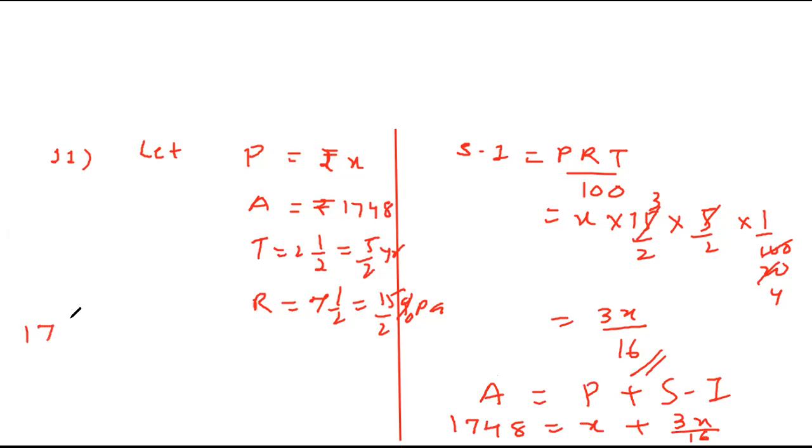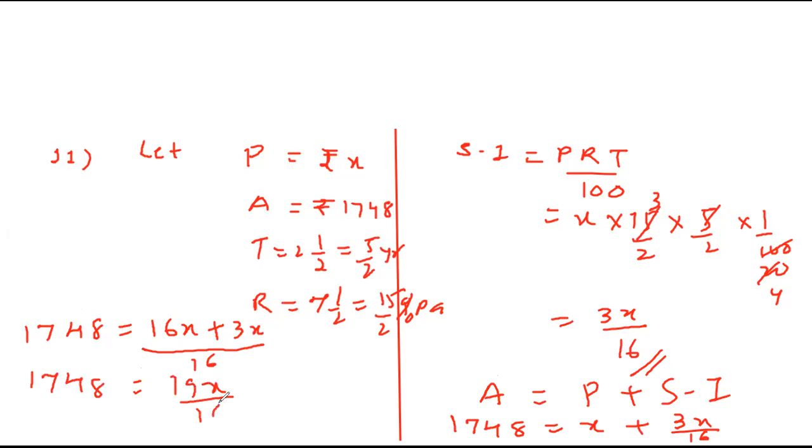So 1748 is 16X plus 3X upon 16. 1748 equals 19X upon 16. Therefore, X is 1748 into 16 upon 19. Just copy till this, then I'm clearing further.